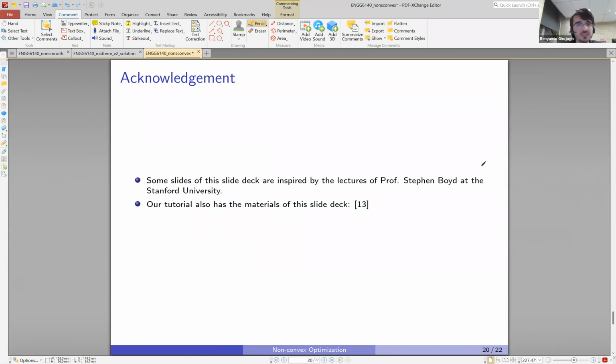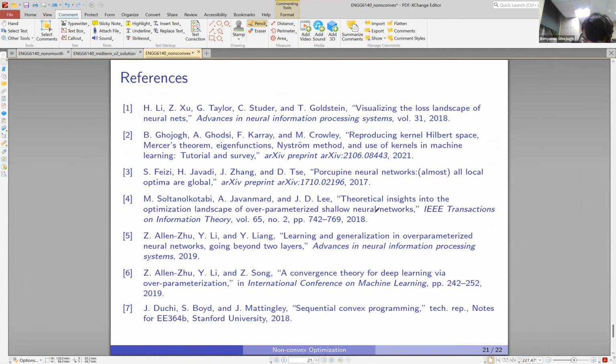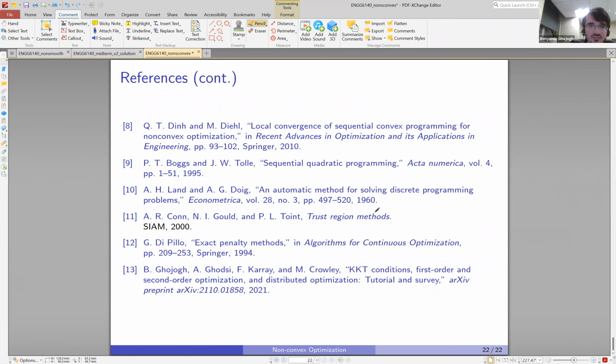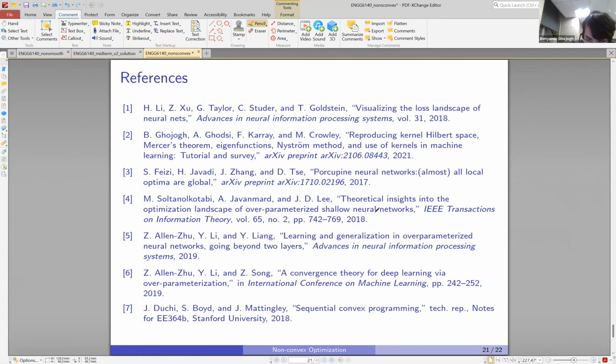Okay, acknowledgement. Some slides of this slide deck are inspired by the lectures of Professor Stephen Boyd at Stanford University. And also our tutorial has the materials of this slide deck, which is paper 13. Okay, let's look at the references in this slide deck.